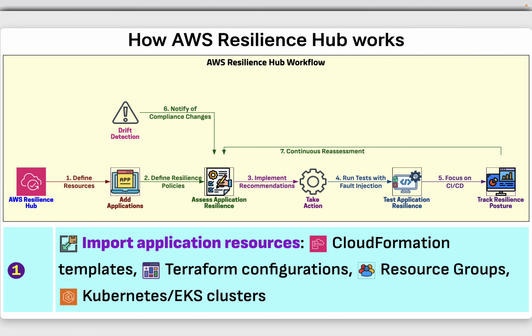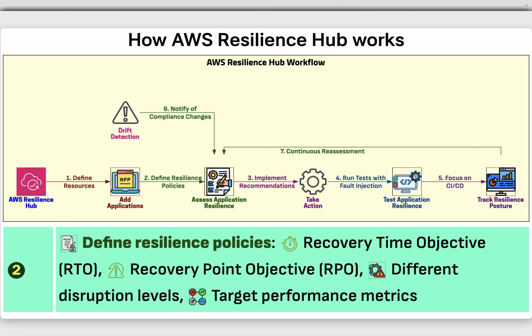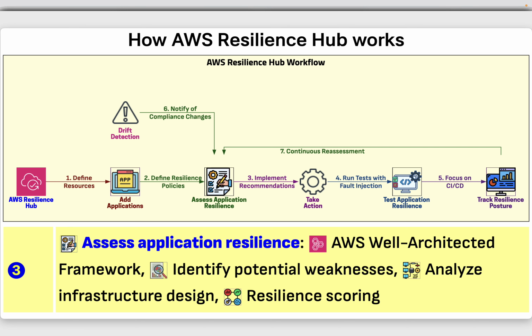How does AWS Resilience Hub work? First, you import application resources from various AWS sources like CloudFormation, Terraform, resource groups, or Elastic Kubernetes Service. Then you define resilience policies with RTO and RPO targets for different levels of disruptions. Next, you assess application resilience using the AWS well-architected framework for potential weaknesses.